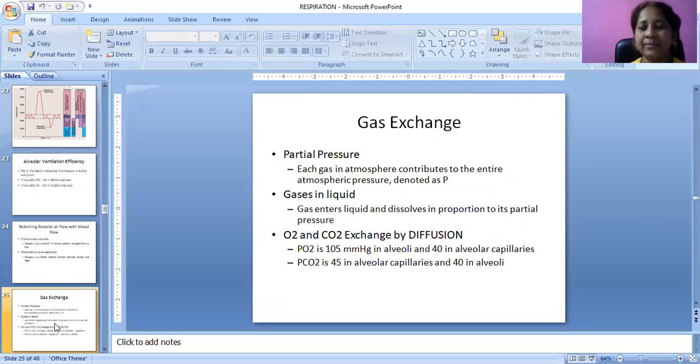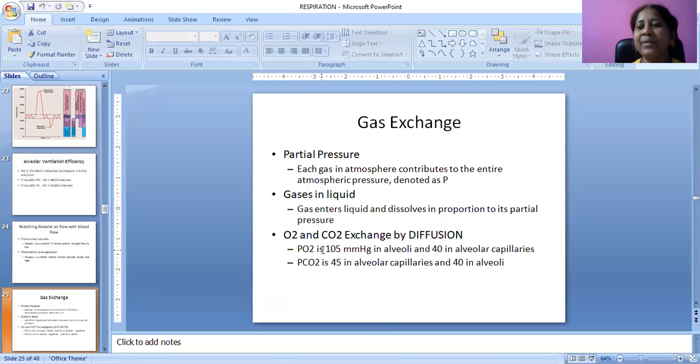Gas exchange. Partial pressure. Each gas in the atmosphere contributes to the entire atmospheric pressure, denoted as P. Gases in liquid: gas enters liquid and dissolves in proportion to its partial pressure.